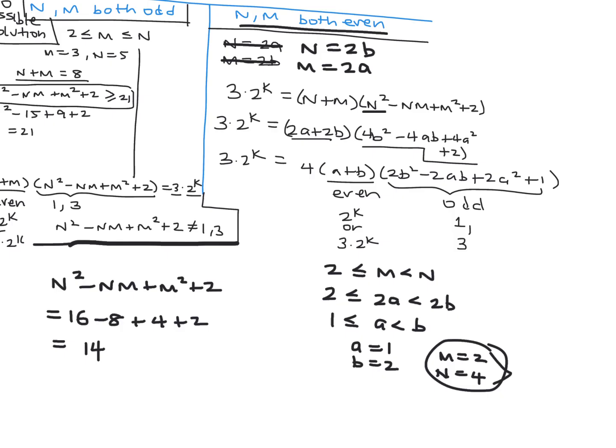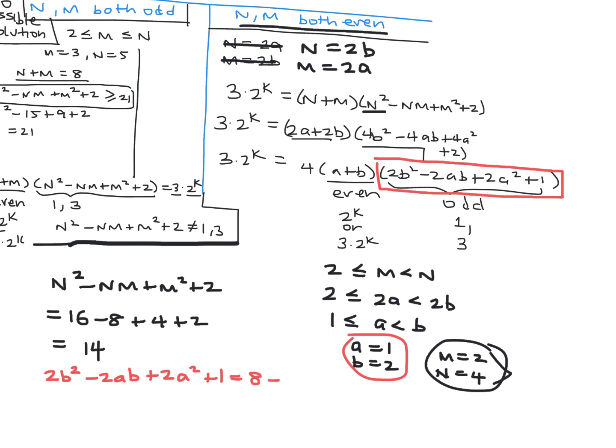Okay, so that obviously cannot be odd, but let's do that again. Actually, I want to do a little bit more specifically on this term here with b and a, because that term is actually 2b squared minus 2ab plus 2a squared plus 1, and using a equals 1 and b equals 2 that would be 2 times 2 squared, which is 8, minus 4 plus 2 plus 1, and that looks to me like 7.